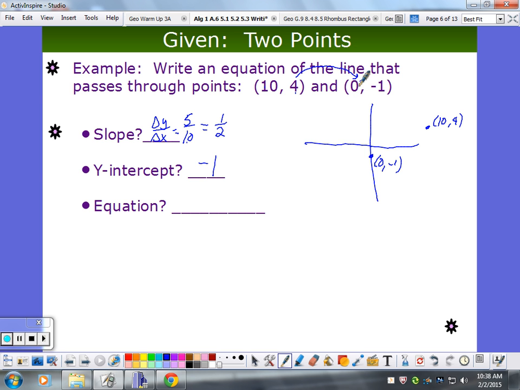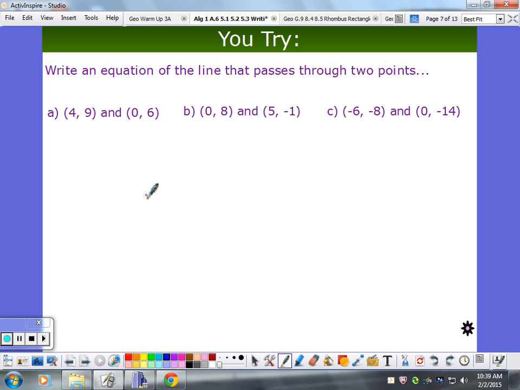This point is the y-intercept. So I have the slope, I have the y-intercept. What's my equation? Half x minus 1. And that's the equation of that one. So 2 points. Look at this. One of them's the y-intercept. So that's what this is trying to get you to see.